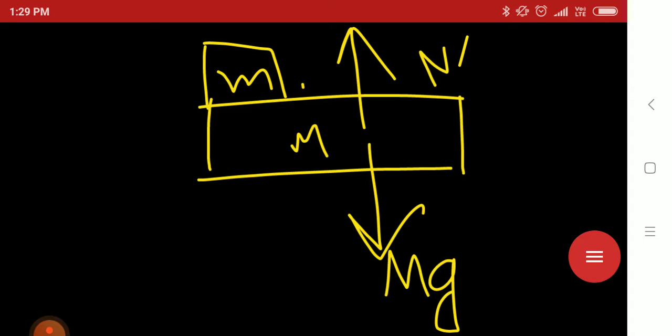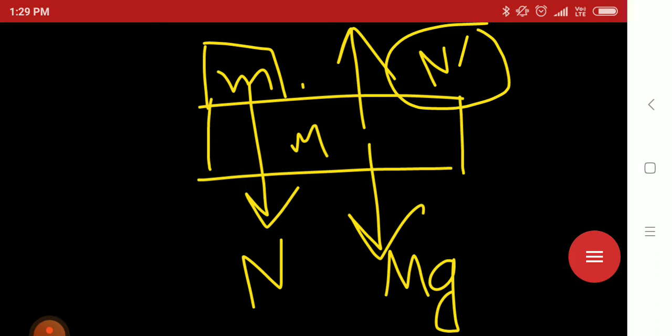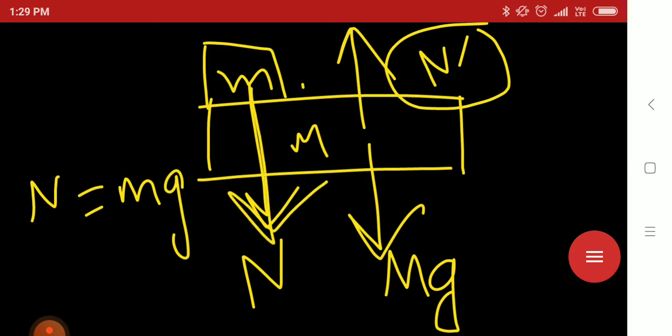So due to this, a normal force N will act extra here. So what can we write for this normal force? Because N equals small mg, we have got this force small mg also acting downwards on the capital M mass.